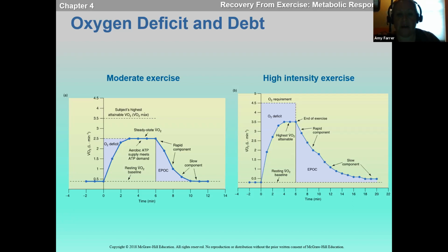Where in moderate exercise we're going to be paid back 4 to 5 minutes after our exercise ended, we're going to be more in the neighborhood of 15 minutes paying it back on high intensity exercise. What we pay out up front, we're going to have to get back on the other side.